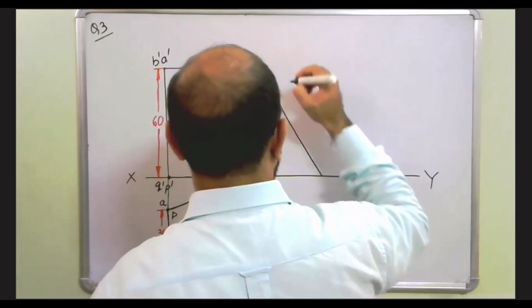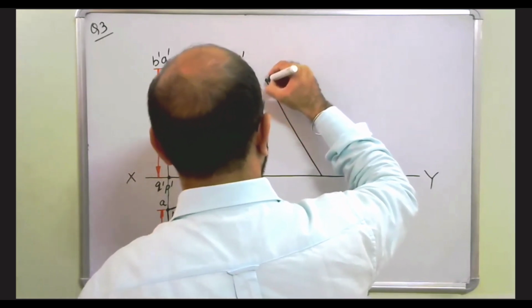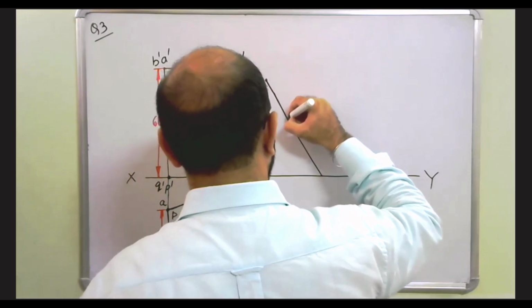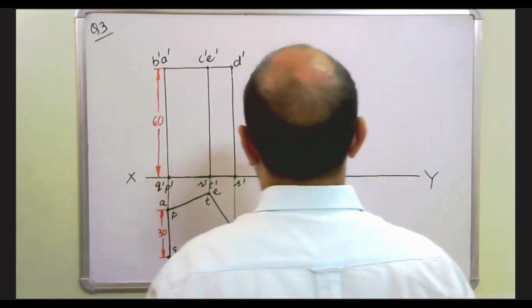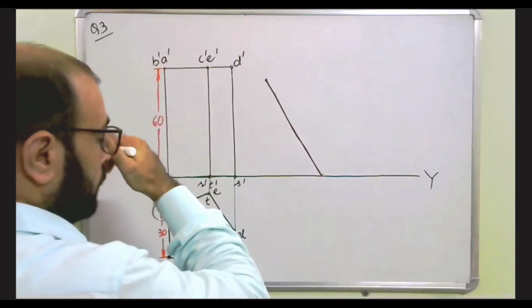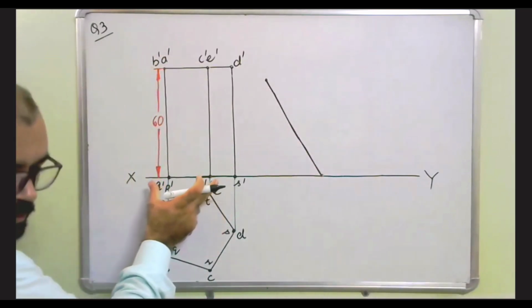Let us say it is like this. Now after this, you draw two perpendicular lines equal to this.